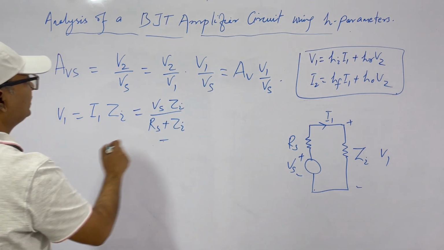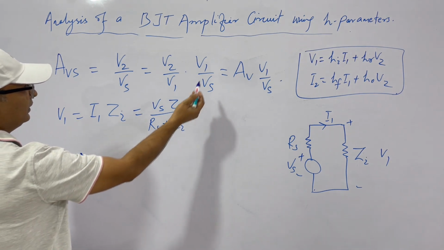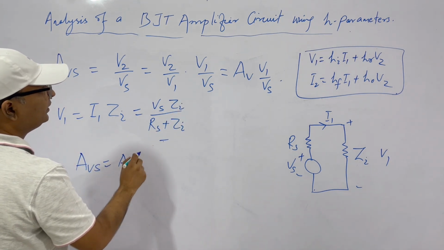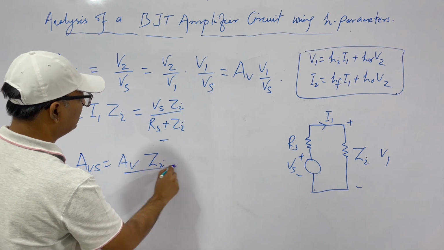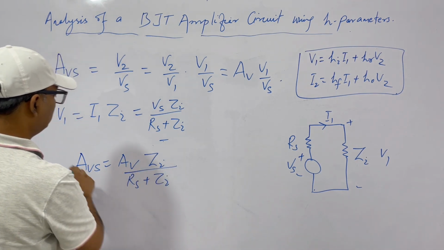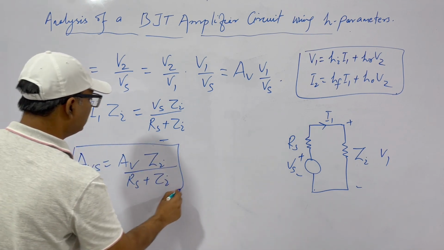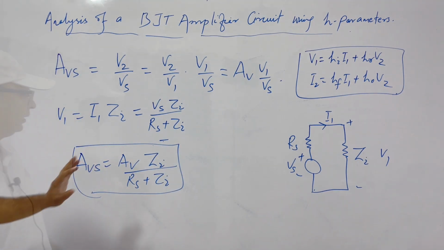We have to find V1 by Vs. So AVs is equal to AV into V1 by Vs. So this is Zi by Rs plus Zi. So the voltage gain taking the source resistance into account is this thing.